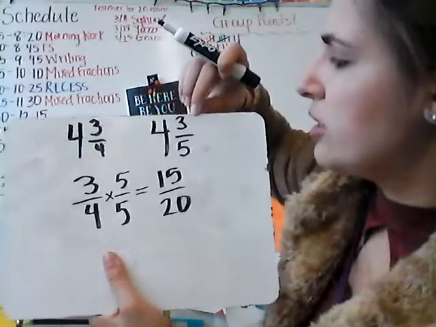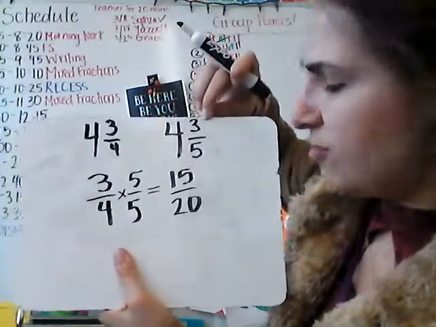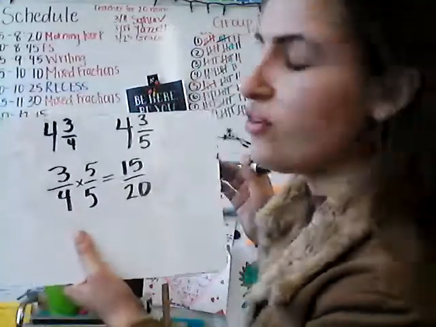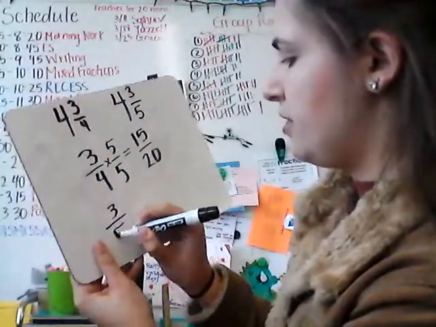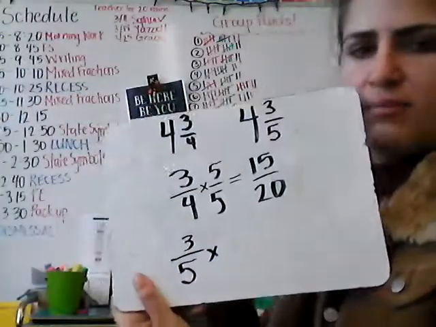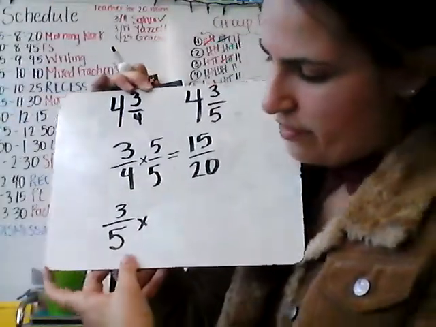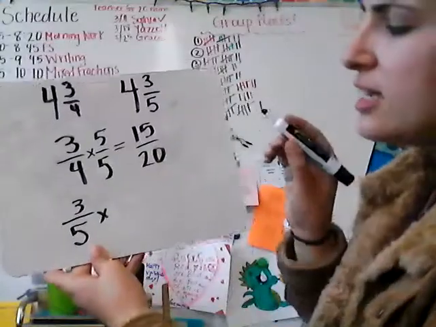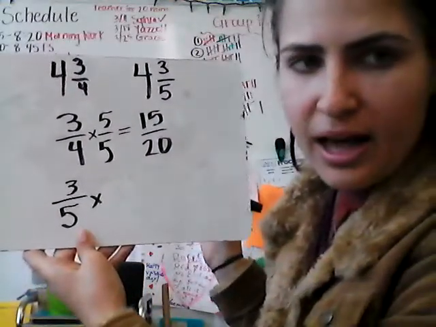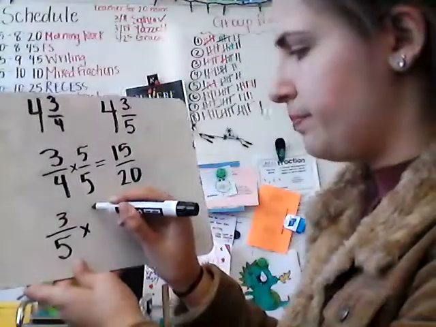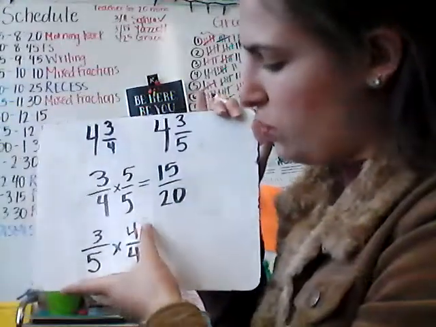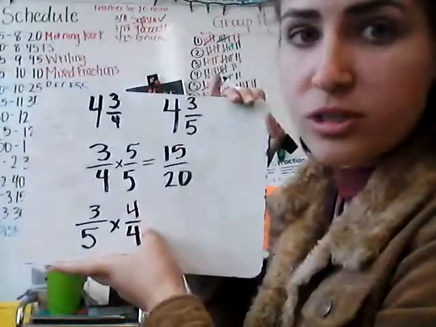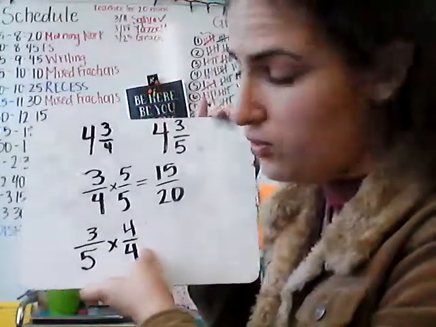We now want to look at 3/5 and make that fraction a fraction with a denominator of 20. So 3/5, we can make 5 a denominator of 20 by multiplying by 4. We have to multiply the numerator and denominator by the same number in order to get an equivalent fraction, which is what we're trying to do here.